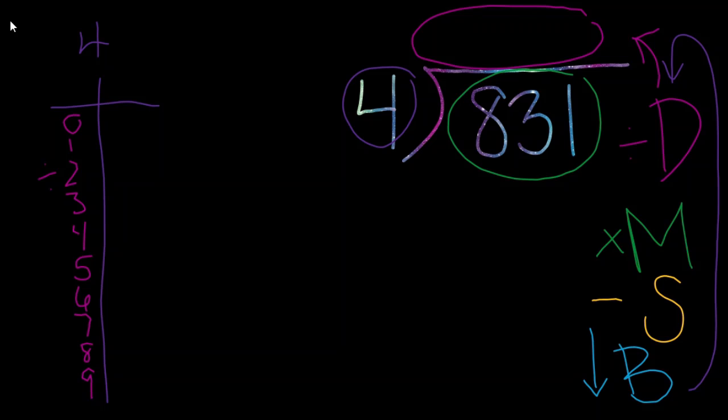So if you're still learning your multiplication facts, a really helpful tip is you can go ahead and draw the number of dots for your divisor. There we go, little squiggle ones.